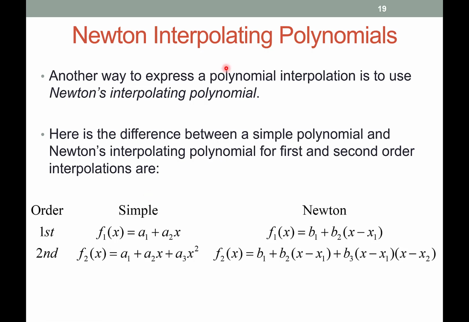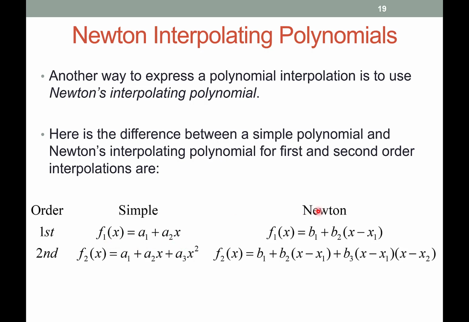So in Newton interpolation, the number of points in the data set would affect the order of the polynomial that we develop. If we had 2 data points, we would develop a first order polynomial, which would look like f1 of x equals a1 plus a2x.